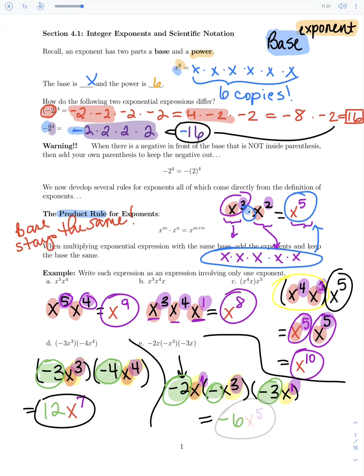Well, these were all x's. So I'm going to have 5 x's when I combine all these x's and add them all up because I'm multiplying. So I'm going to have an x to the 5th power. And that's my final answer, negative 6x to the 5th.